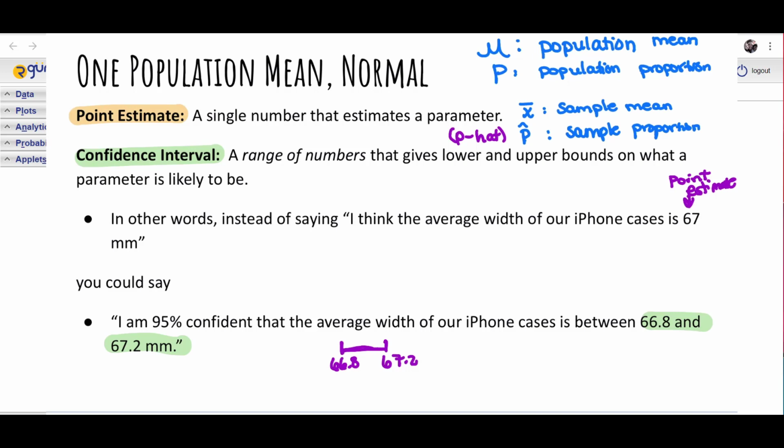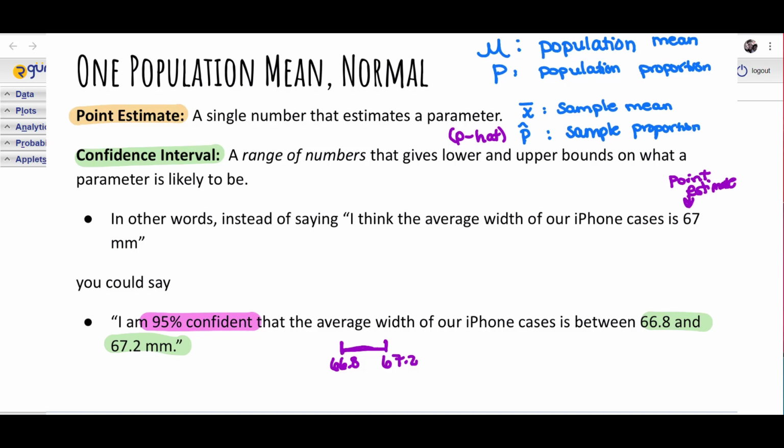Notice, not only did we give an interval, we also gave a percentage of confidence. This is called a confidence level. Confidence levels tell how confident we are that the true population parameter will fall within the boundaries of our confidence interval.